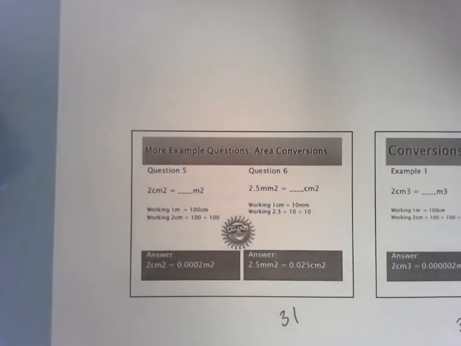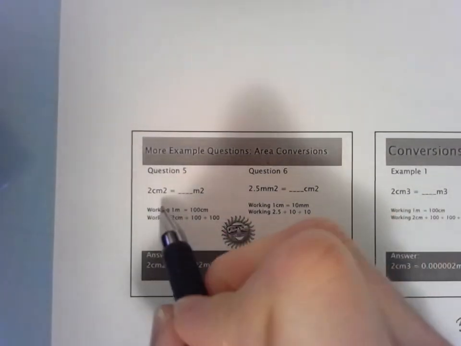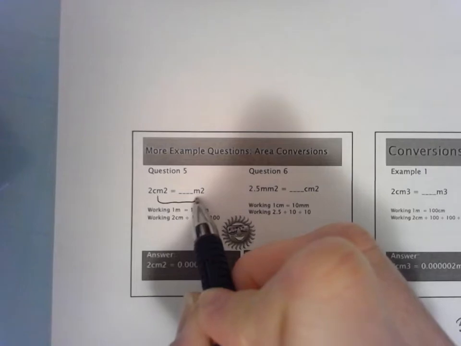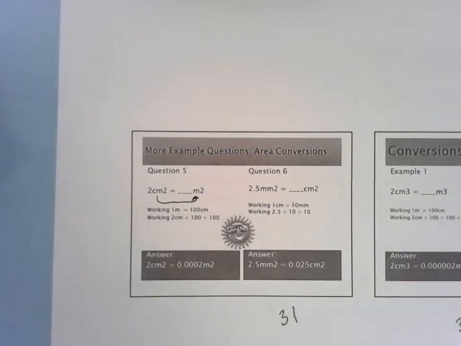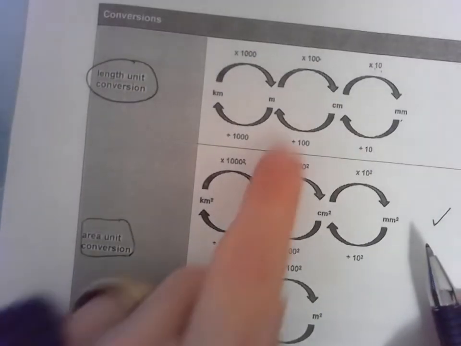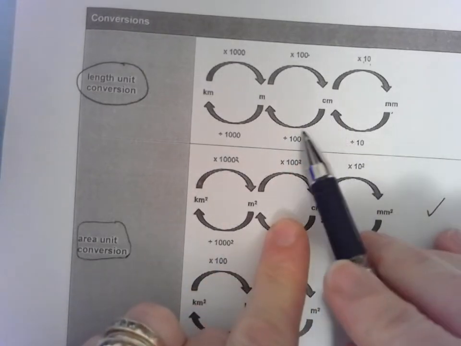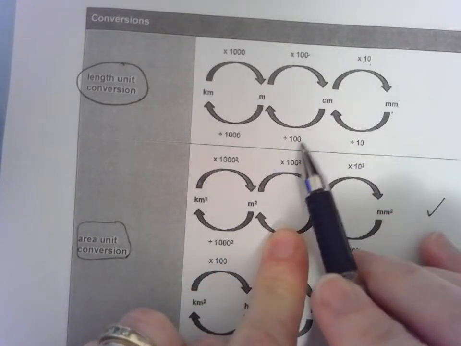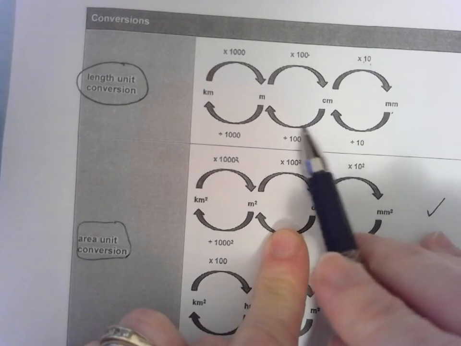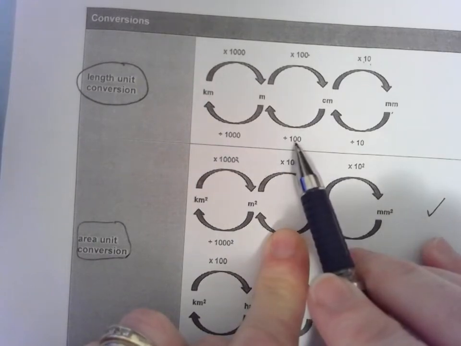Let's go down to slide 31, where we are now going centimeters to meters. If you look on your rule sheet, centimeters to meters, the number's 100 still, but centimeters to meters is dividing by 100.